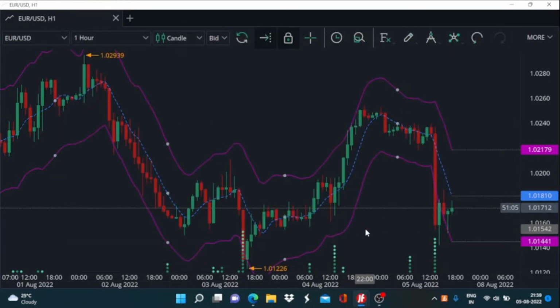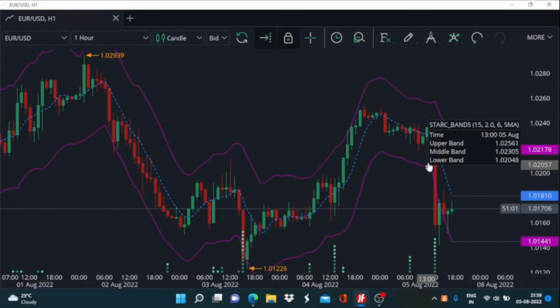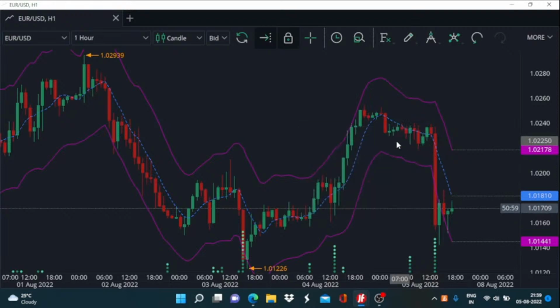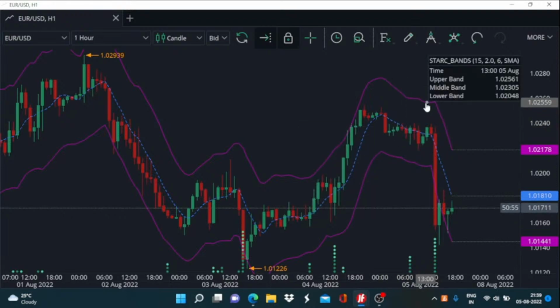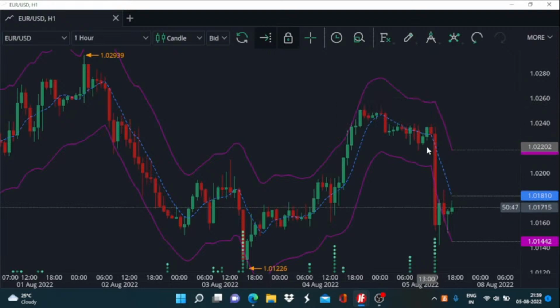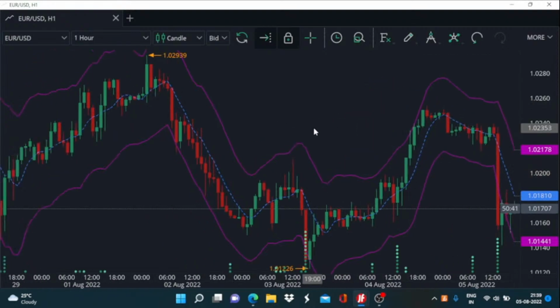Okay, so this is the default setup. That means this SMA band is derived using the last 6 hours of data, and then we are adding the ATR multiplied by 2 to this SMA to arrive at this upper band, and we are deducting the ATR for the given period multiplied by 2 to arrive at this lower band. So we get this formation.